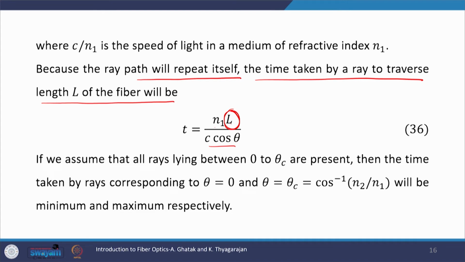Now, we only consider rays lying between theta and theta C, because only these rays will suffer TIR and will get guided. If only these rays are present, then the time taken by the rays corresponding to theta equal to 0 and theta equal to theta C will be minimum and maximum respectively.